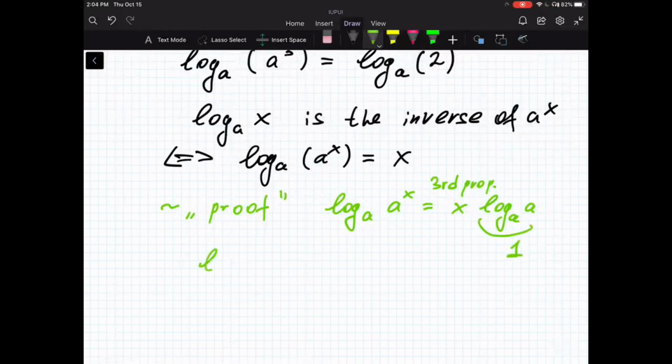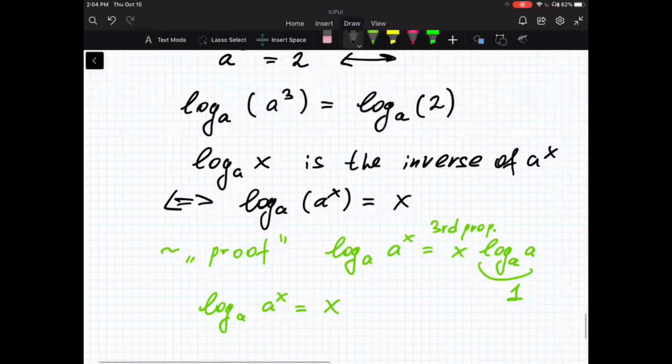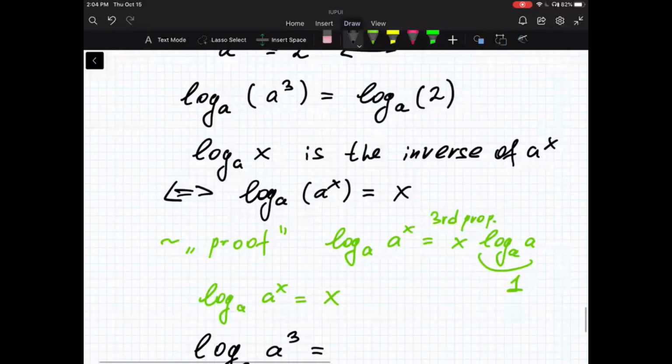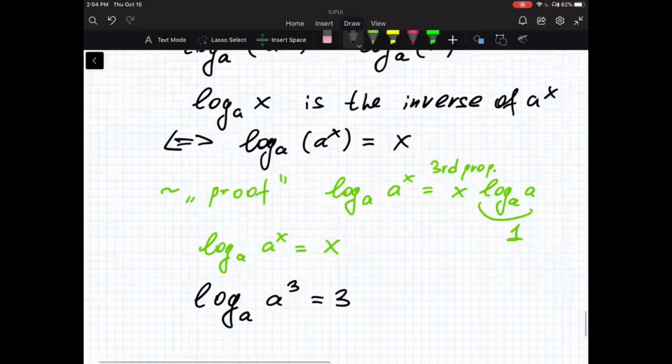And so we get that the logarithm of a to the power x with base a is indeed x. And how to apply it? We have the logarithm of a to the power 3 with base a, which gives me just the power of a, which is 3, right?